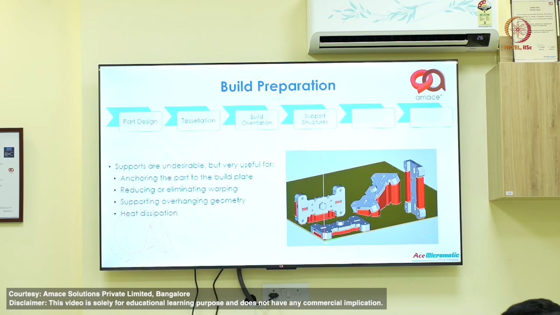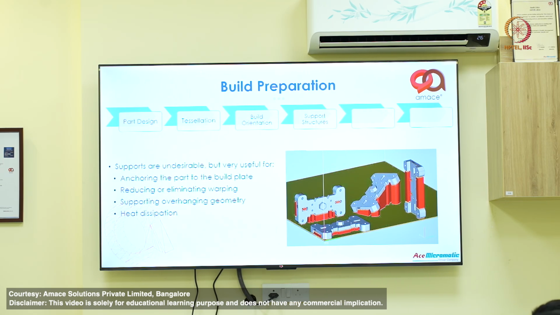Support structures are not desirable because they are wastage. Because of design overhang constraints, we have to give supports in order to print successfully, because we cannot print something in the air or directly on the powder.